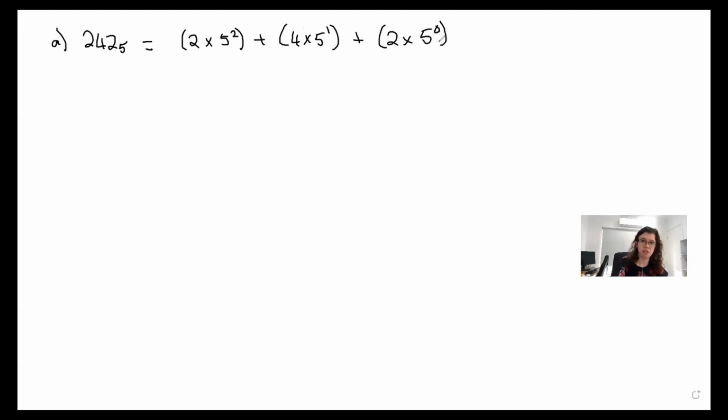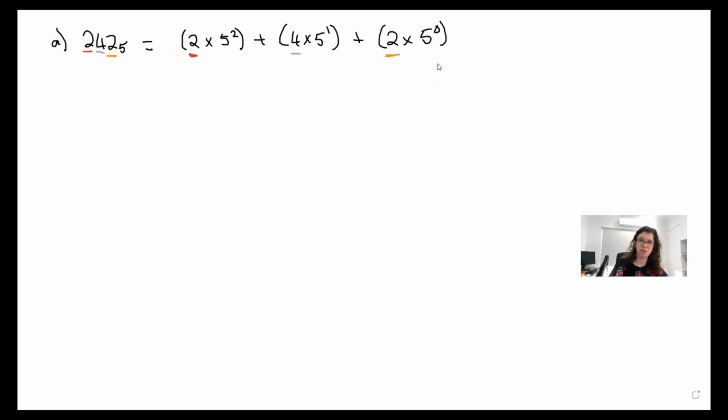To give you a little bit of intuition where all the stuff's coming from, let's pick a different color. This 2 is going here. The 4 is that 4, and the 2 here is that 2. So we've split those up into their place values.